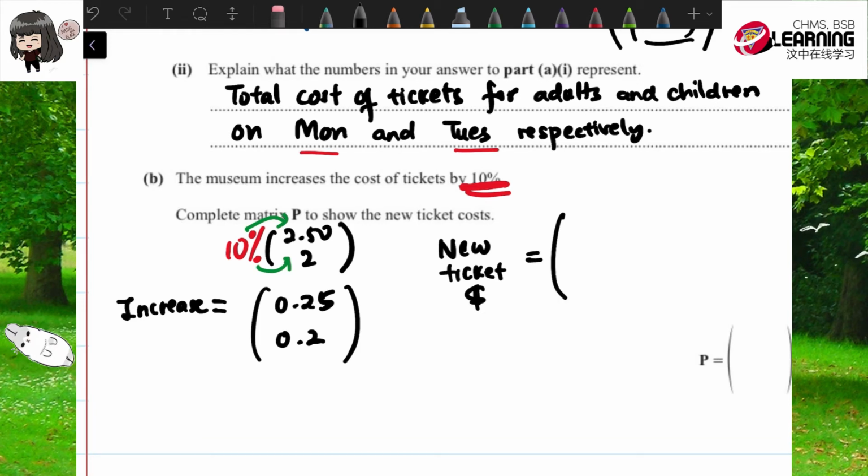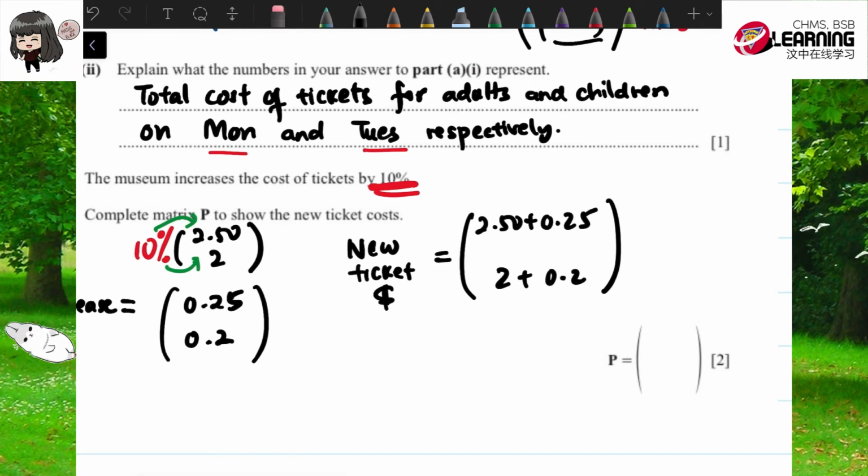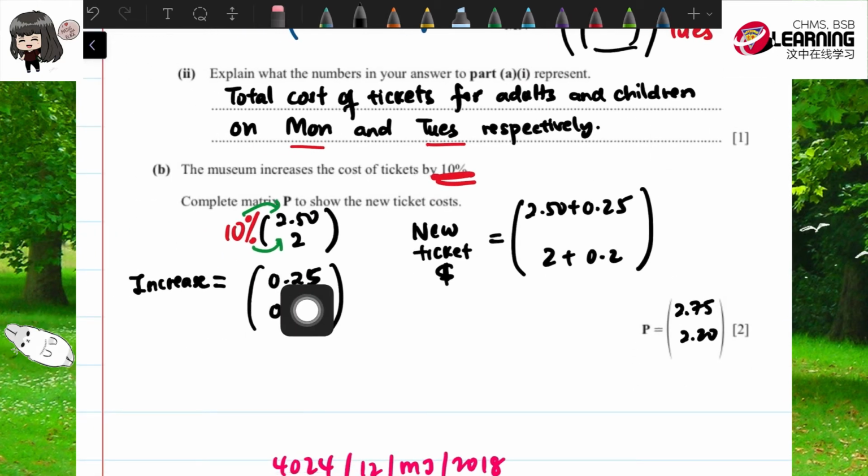So the new ticket cost will be $2.50 plus 25 cents, since it increased by 25 cents. This is for adult, and for the children, $2 plus 20 cents. After you add, you will get $2.75, and this one is $2.20. So the price has increased to this amount. This is after the increase, which is the new price.